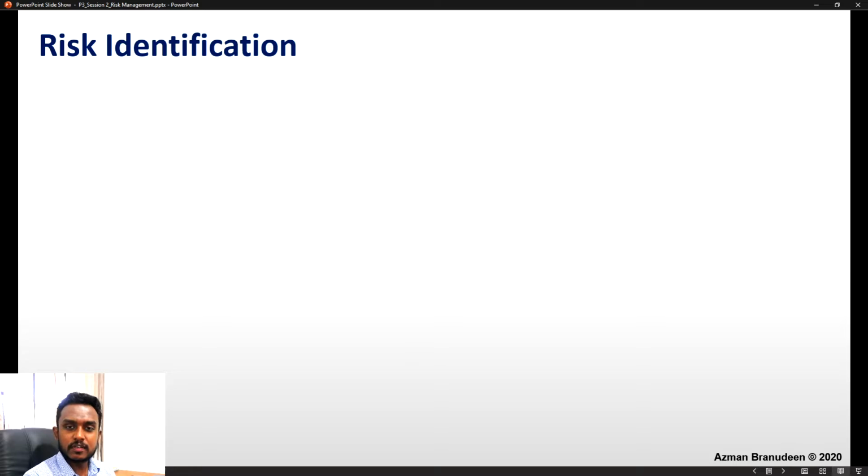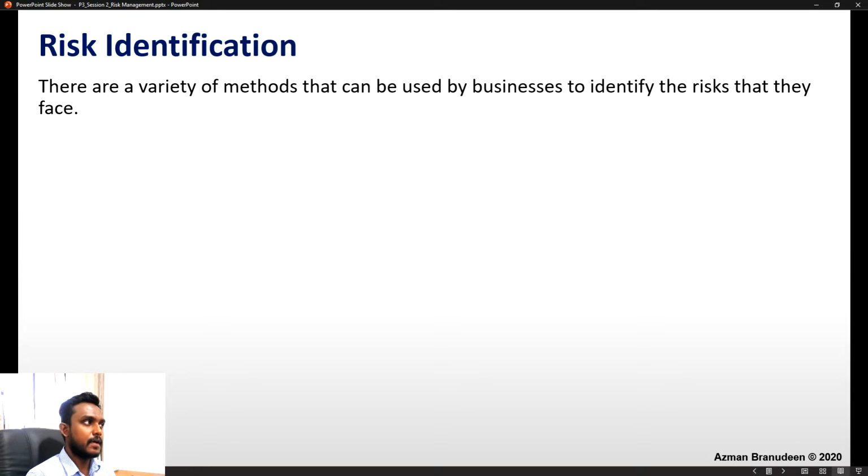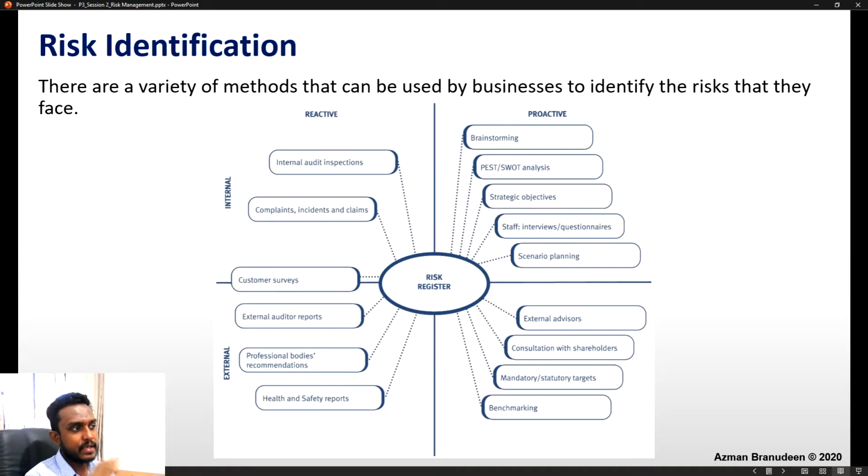Now let's focus on risk identification itself. There are a variety of methods that can be used by businesses to identify the risks that they face. Here you have one of the simplest ways of mapping the different ways at your disposal to identify risks and classify them, even into a risk register.